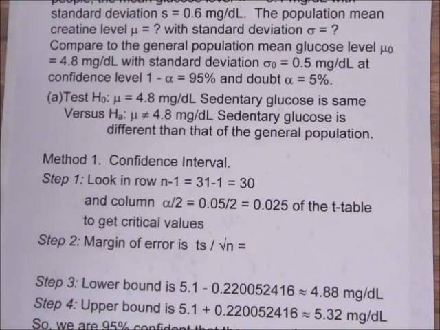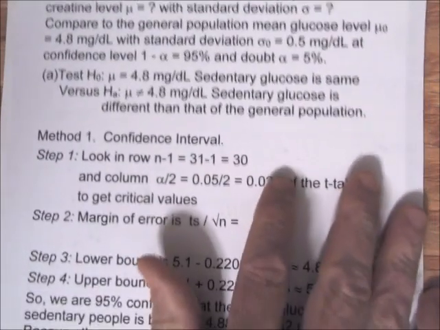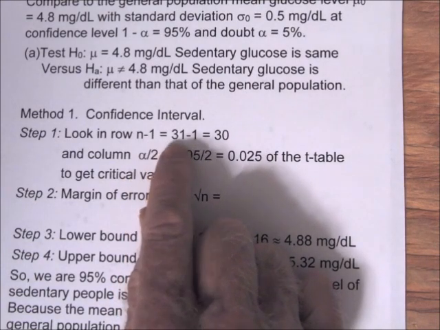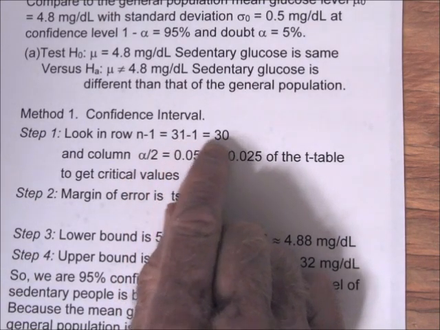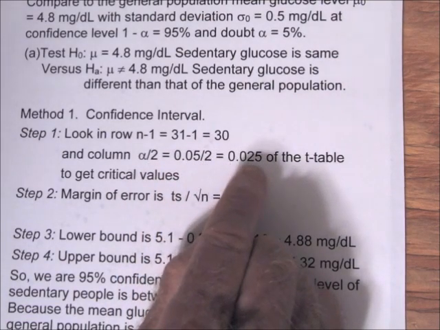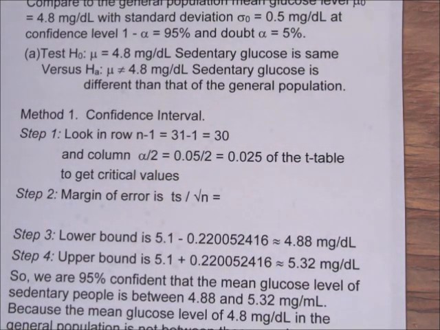And for our t-score, we want to look in row n minus 1, 31 minus 1, which is 30, and column alpha over 2, 0.05 over 2, or 0.025, to get the critical values. So let me pull up the t-table here. There's one in the course files, and there's also one in the book.